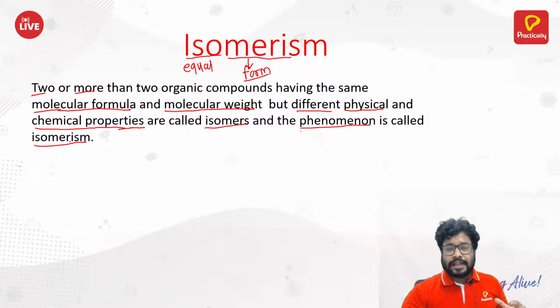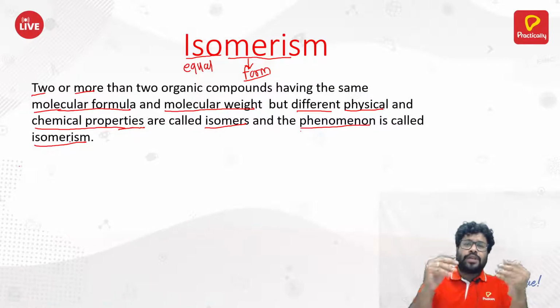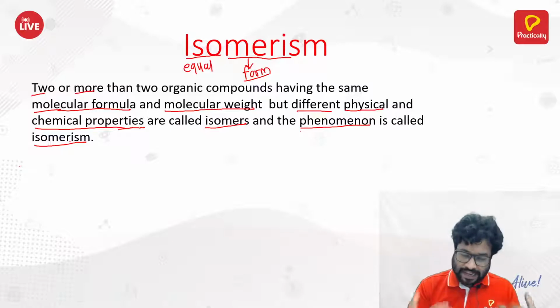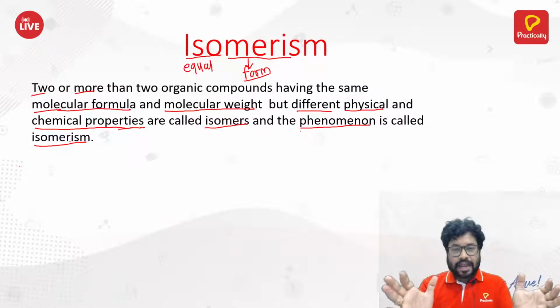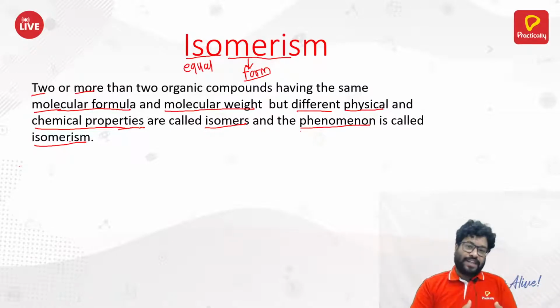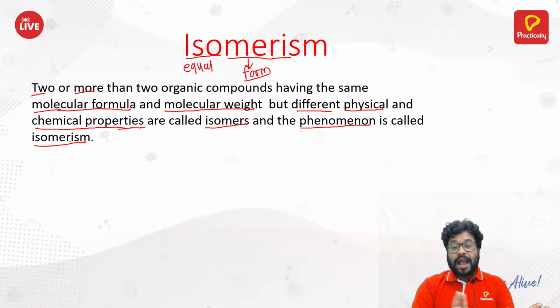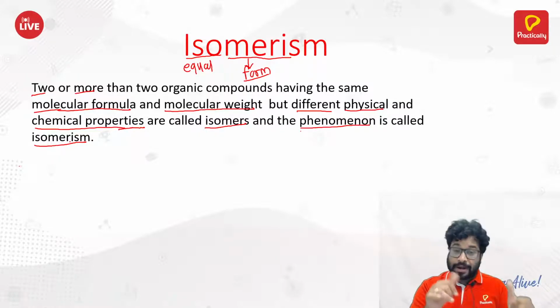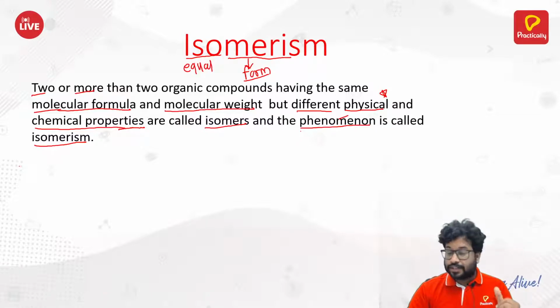That means there might be two or more compounds having the same molecular formula. If they have the same molecular formula, obviously they are going to have the same molecular weight, right? But they might have different physical and chemical properties. Chemical properties may or may not change, we will see that, but physical properties are going to change every time, that's for sure.